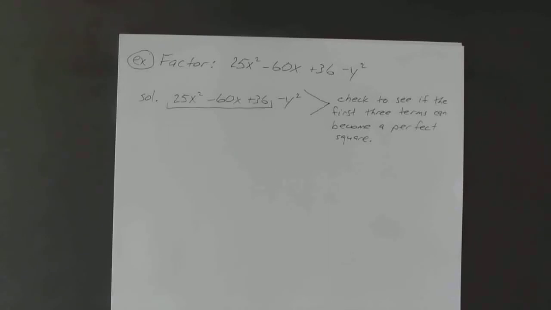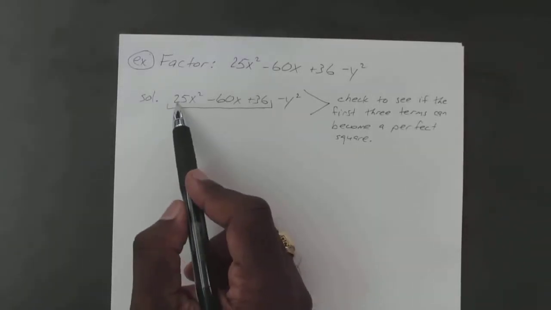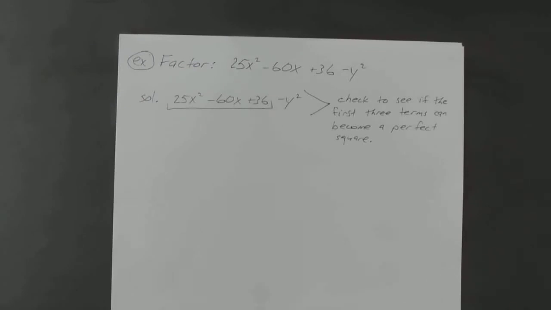Since you have something in front of the x squared, you can't use the two numbers multiply to equal c and add to equal b method. And I'm pretty sure you don't want to use the a times c method. You'll be dealing with really big numbers.